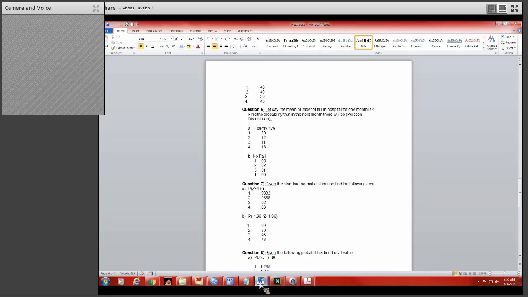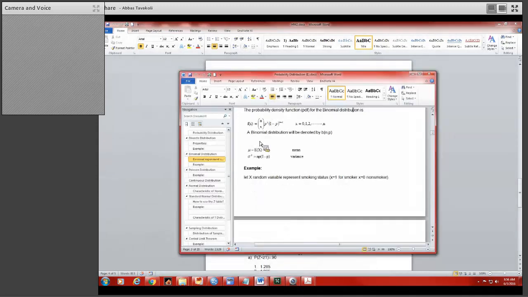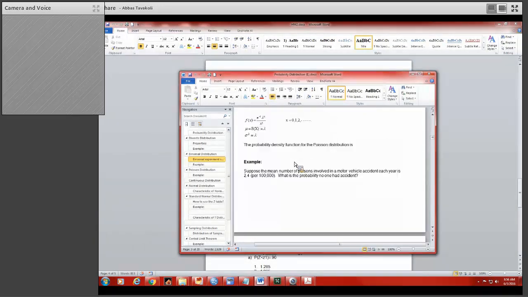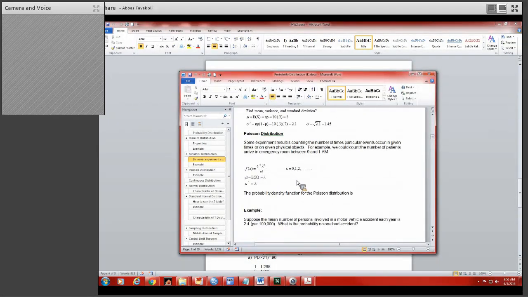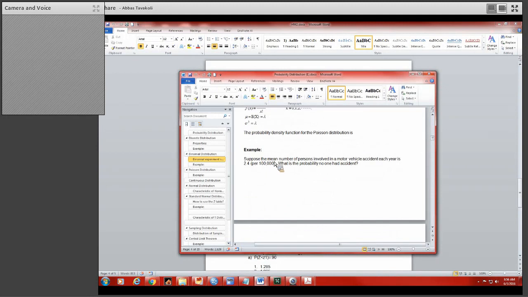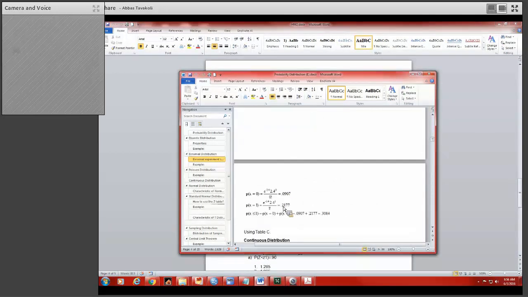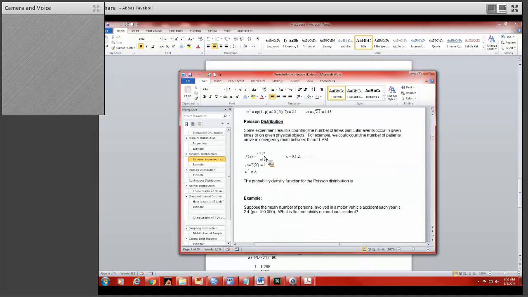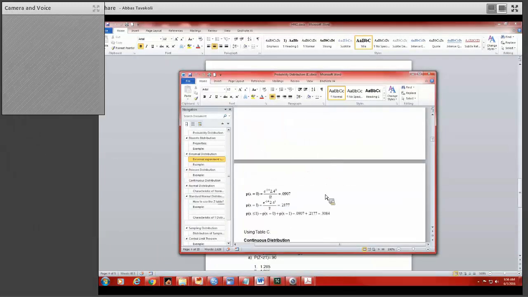Let's say the mean number of falls in a hospital for 1 month is 4. Find the probability that next month there will be this number of falls. Remember, these kinds of things, like the number of patients coming to a clinic, all fall in the Poisson distribution. So again, you're going to use the Poisson distribution from your handout.